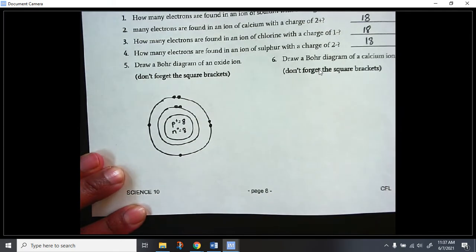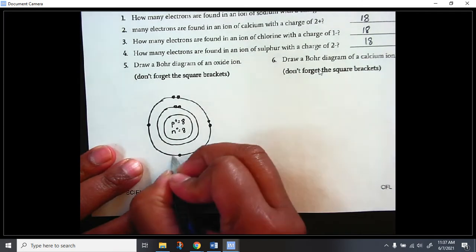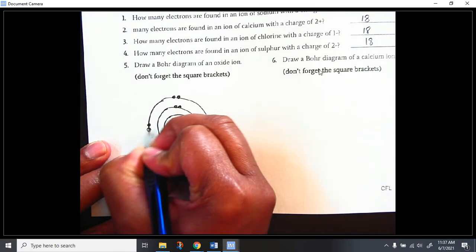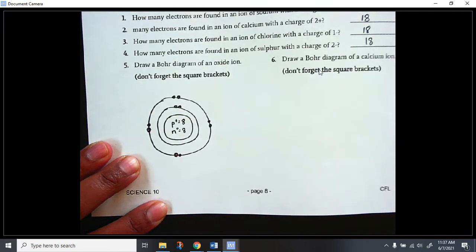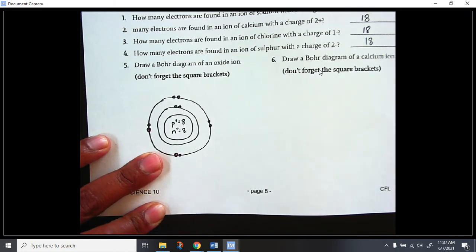There we go. But when you're looking at this diagram here, the last energy level is not full. It's an atom. So an ion is actually more stable. So in this case, this one's going to gain 2 electrons to become more stable.